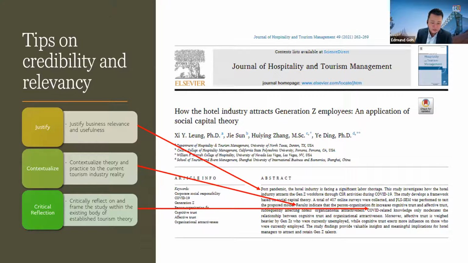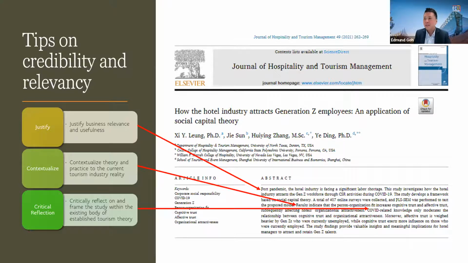And of course, you can also demonstrate credibility, as Mariana mentioned, by demonstrating a good understanding and critical reflection of the current state of tourism knowledge and industry in the area you're looking at.